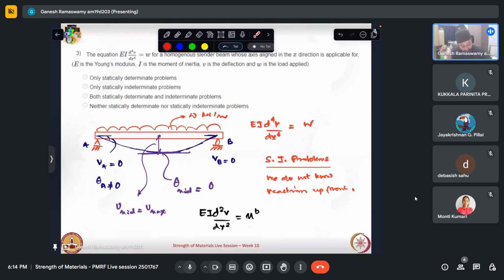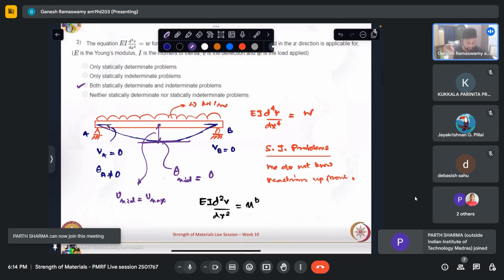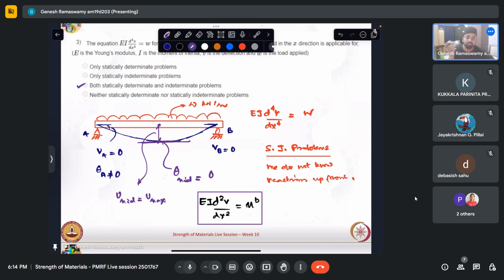There we will be using that extensively. So the fourth order equation is useful for both statically determinate as well as statically indeterminate problems. Whereas for statically determinate problems, one may well use the second order equation, this one, integrate it twice in order to get the slope and the deflection. I hope that is clear.